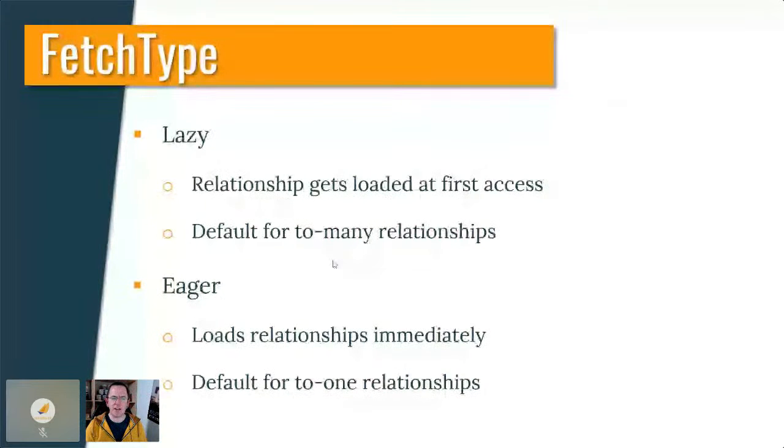You can choose between lazy and eager, as I said before. Lazy tells Hibernate to fetch the association when you access it for the first time. That's the default for to-many associations. And that one is great to avoid any overhead. Eager, on the other hand, loads the association immediately when you get the entity from the database. And that's the default for to-one associations.